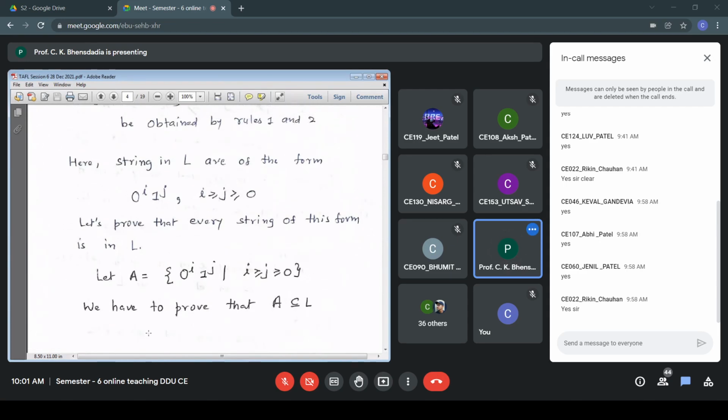Now we'll prove L to be a subset of A using a very different induction variable.